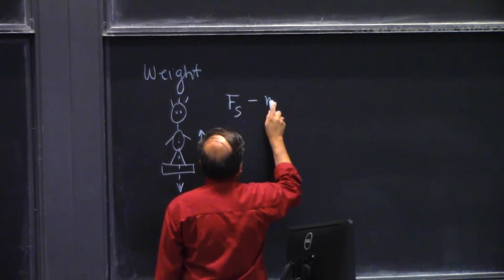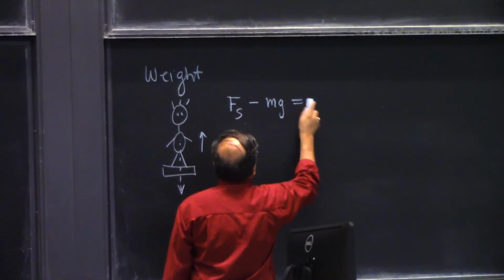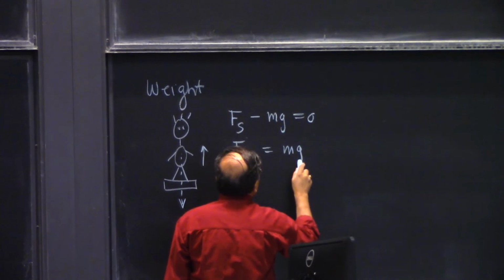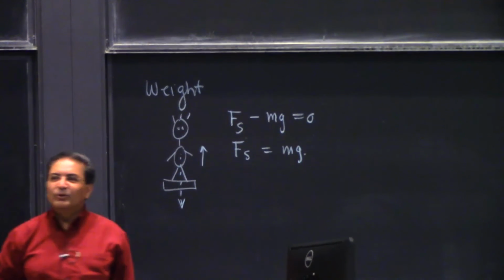So Fs minus mg is equal to 0, and therefore Fs is equal to mg. So in this case, although we would colloquially say that my weight is mg, that is actually not correct. Your weight is Fs, because Fs is what is giving you the counter force. And it is a counter force that has to do with our weight.